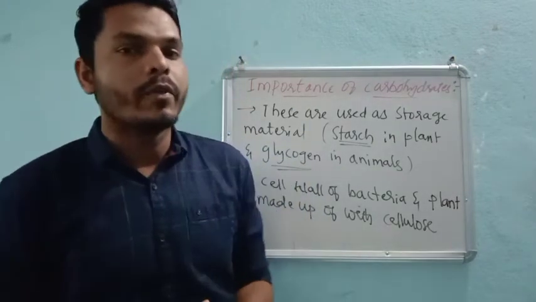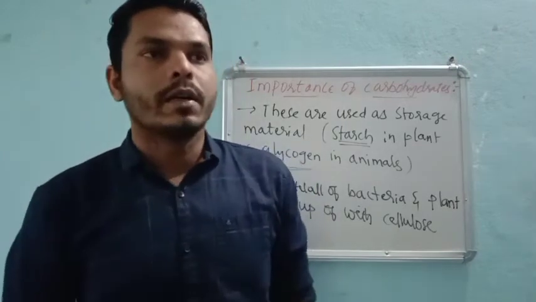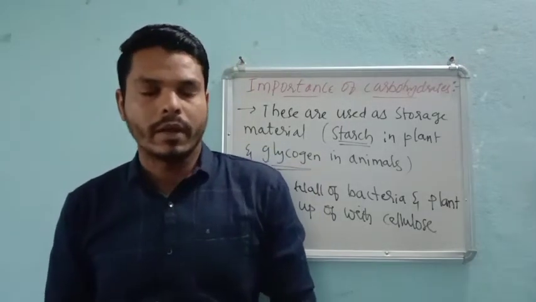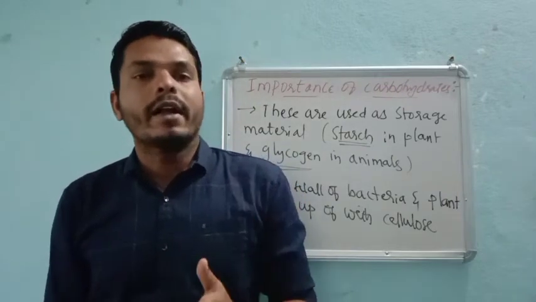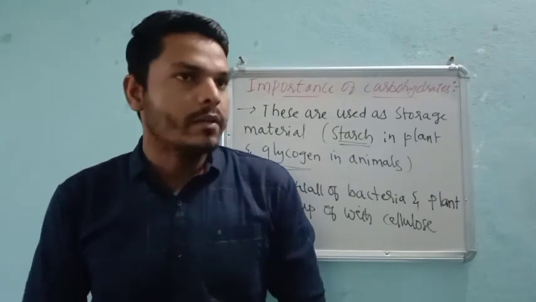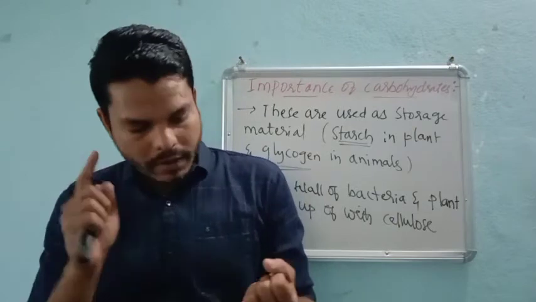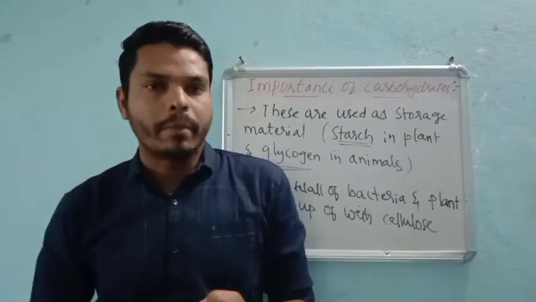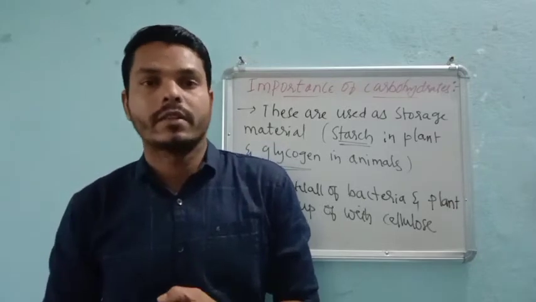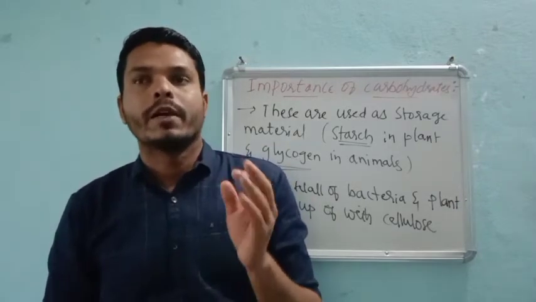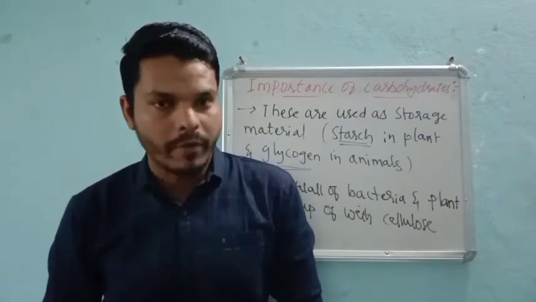And generally if we see the different importance of these, they provide raw material for industries like the textile industry, paper industry, and breweries industry. That means the place where beer is commercially made, brewery, right?